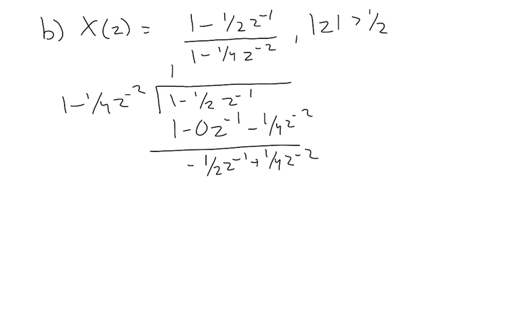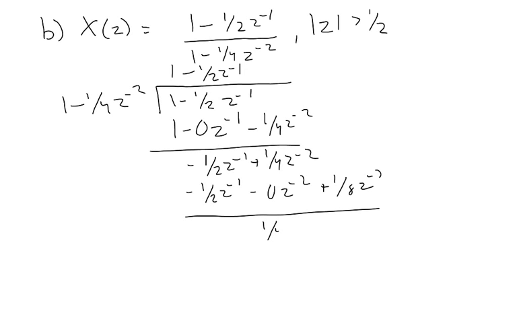So now we have to ask ourselves, let's get rid of that negative 1/2. So we're going to multiply by negative 1/2 z to the negative 1. And we'll get negative 1/2 z to the negative 1. Another placeholder right here because we're not going to have a negative z to the negative 2 term. And then we're going to have plus 1/8 z to the negative 3. So now our 1/2's cancel, and we're left with a 1/4 z to the negative 2 minus 1/8 z to the negative 3.